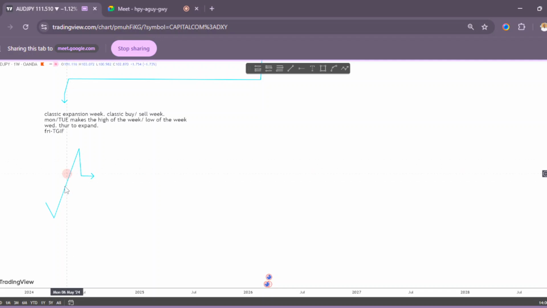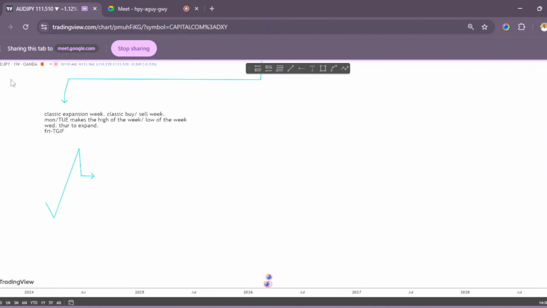So Monday or Tuesday makes the low of the week, Wednesday and Thursday we expand higher, and Friday, the TGIF, we expect price to retrace a little bit and then close.